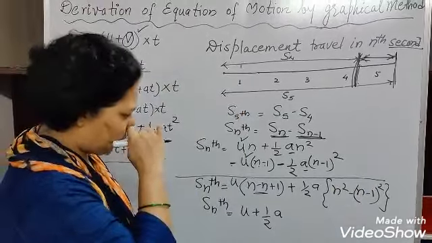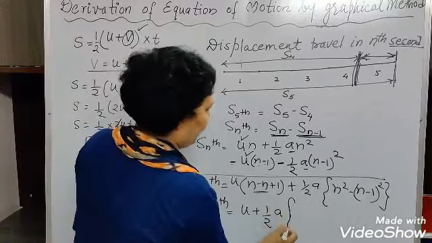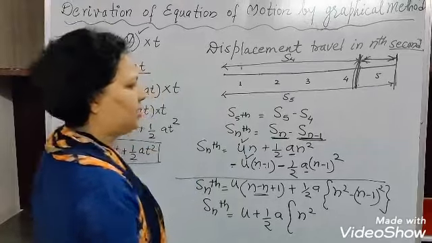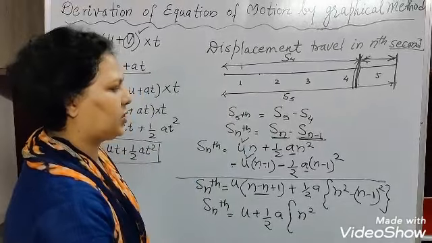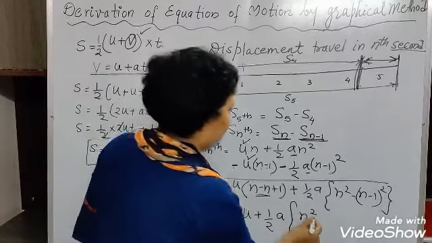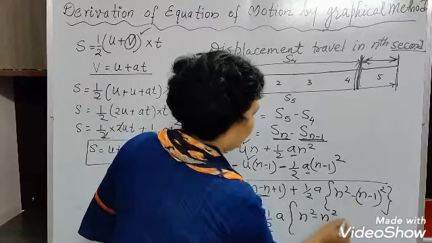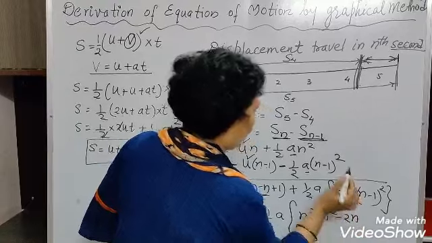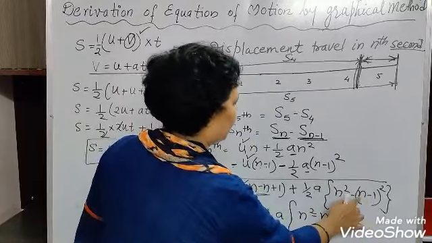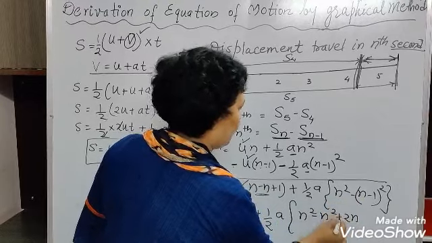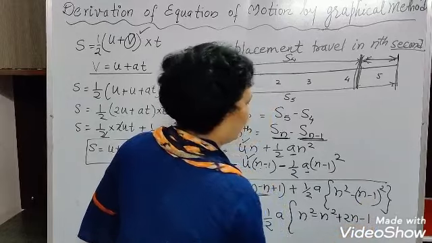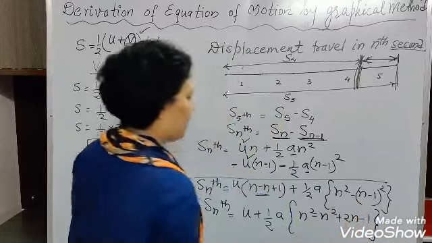So what can we write? Applying the identity for n minus 1 square, it will become n square minus 2n plus 1, and with the minus sign, this becomes n square minus n square plus 2n minus 1.